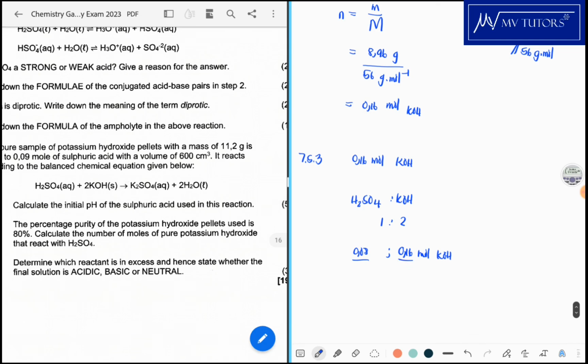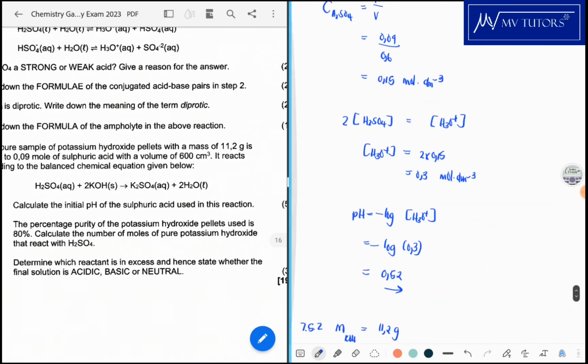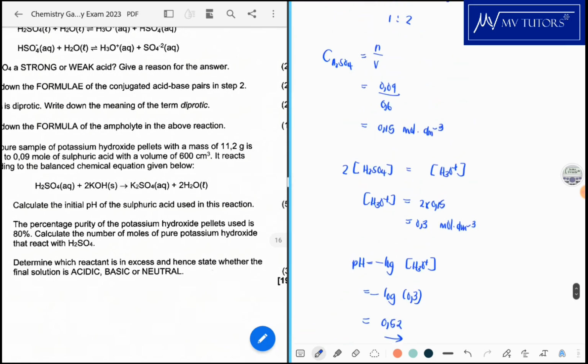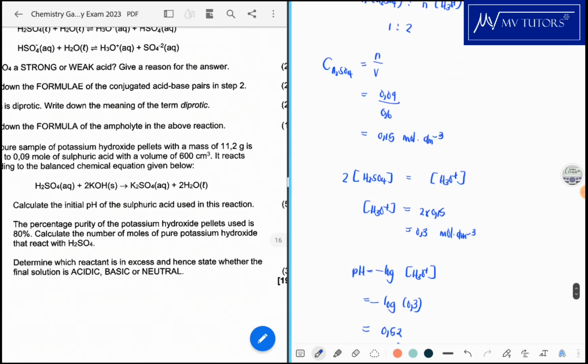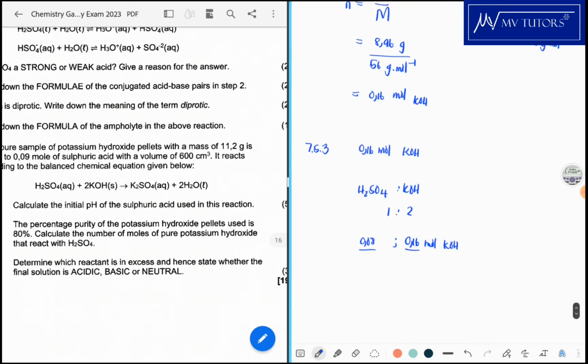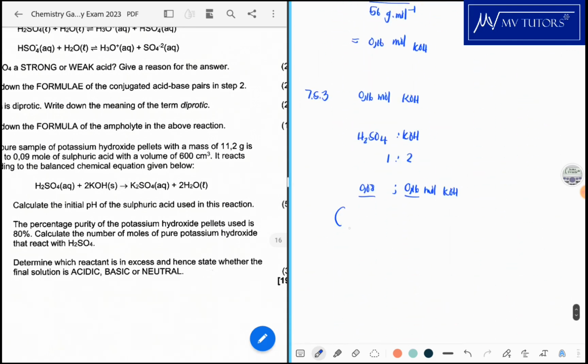But how much did we have for sulfuric acid initially? We had 0.15 mole. No, that's the concentration. We had 0.09 mole initially. So basically we have only 0.01 mole left over, and we've used up all of the potassium hydroxide.